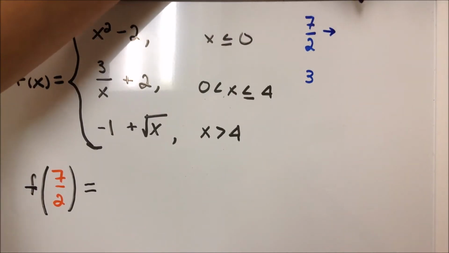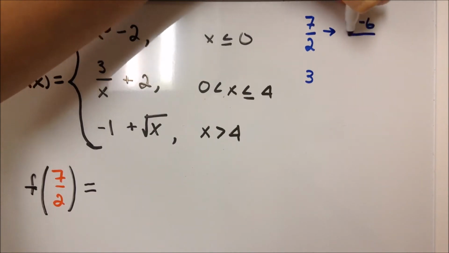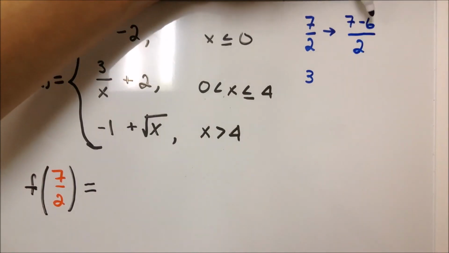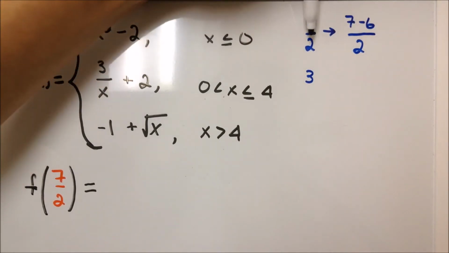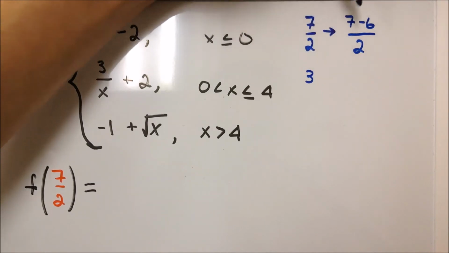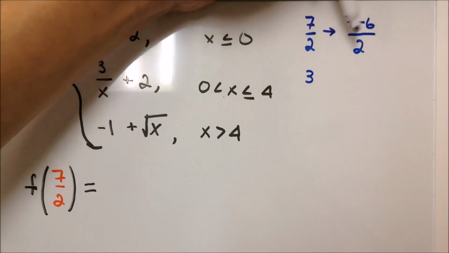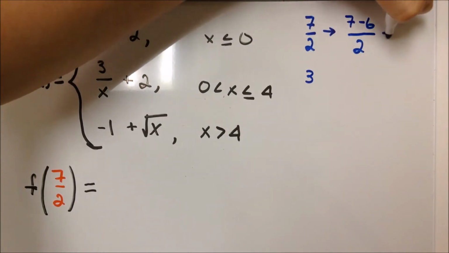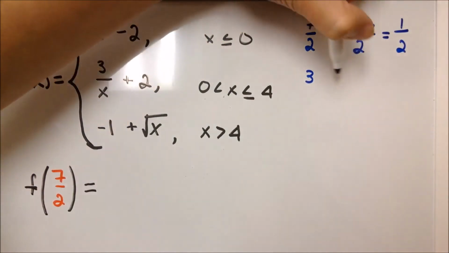The work for that is 7 minus 6 over 2. This 6 is from 2 times 3, and this 2 is the denominator. What we are trying to see is how much is left after we convert from 7 halves to 3. So 7 minus 6 is 1 over 2, so 1 half.